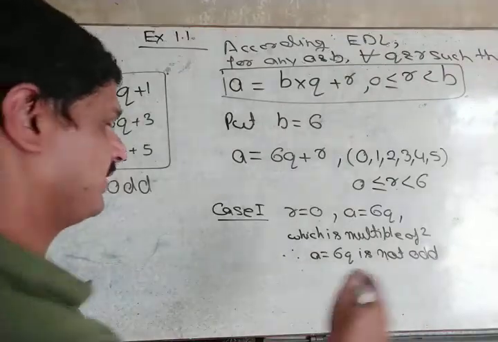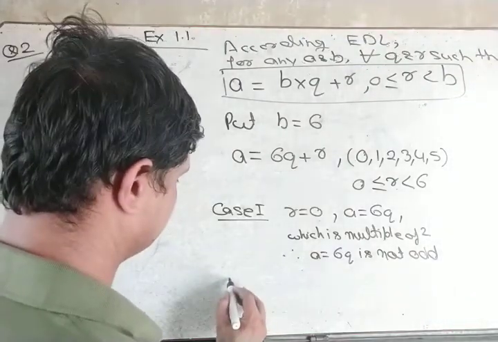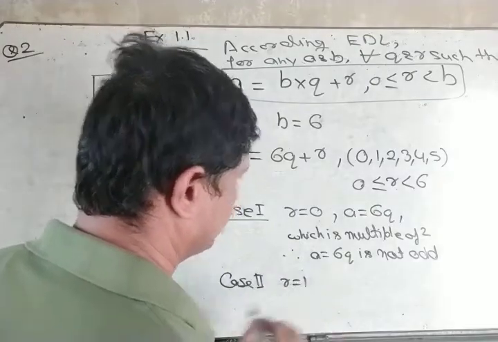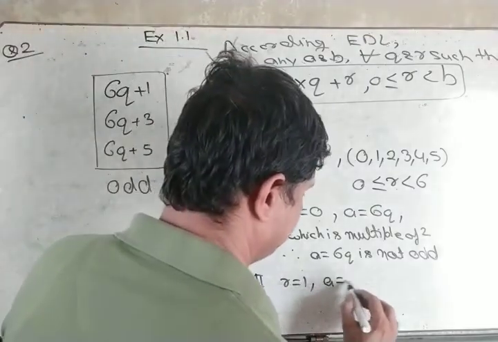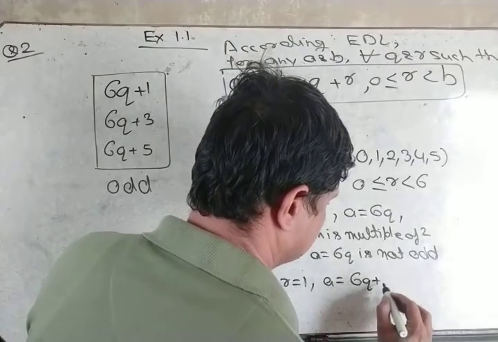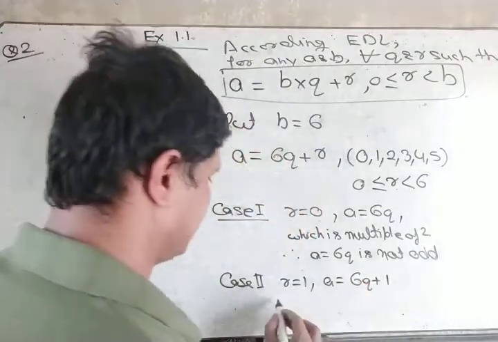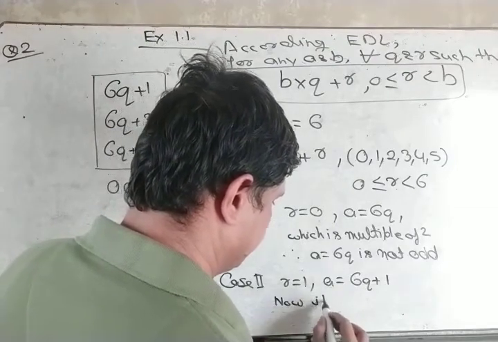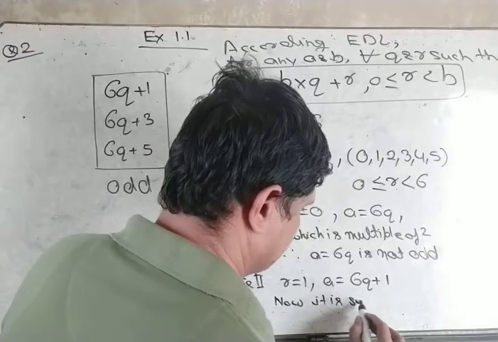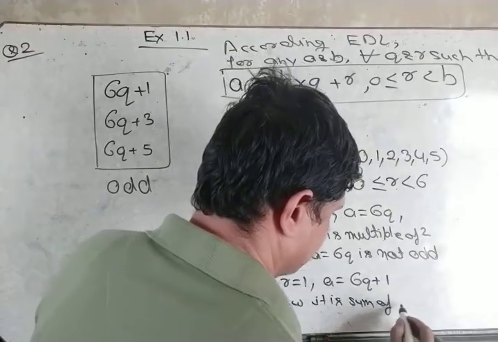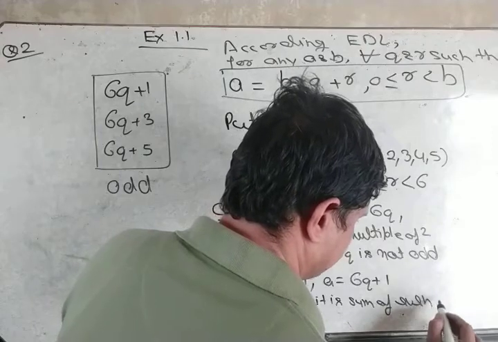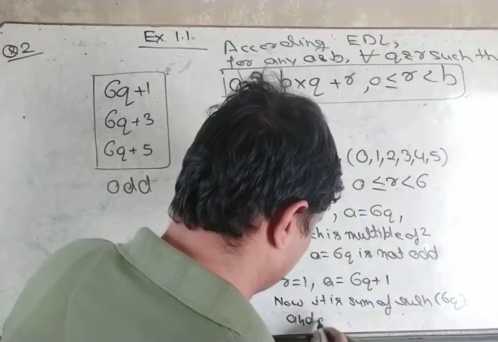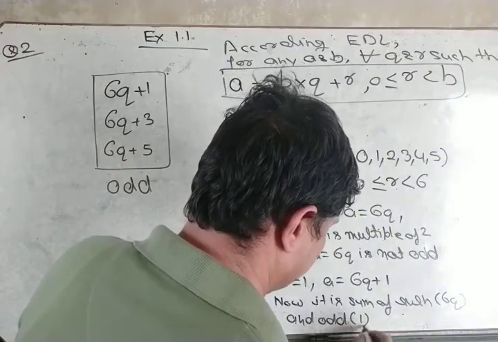Now the second case, when r is equal to 1, a is 6q plus 1. Now it is the sum of even 6q and odd 1.